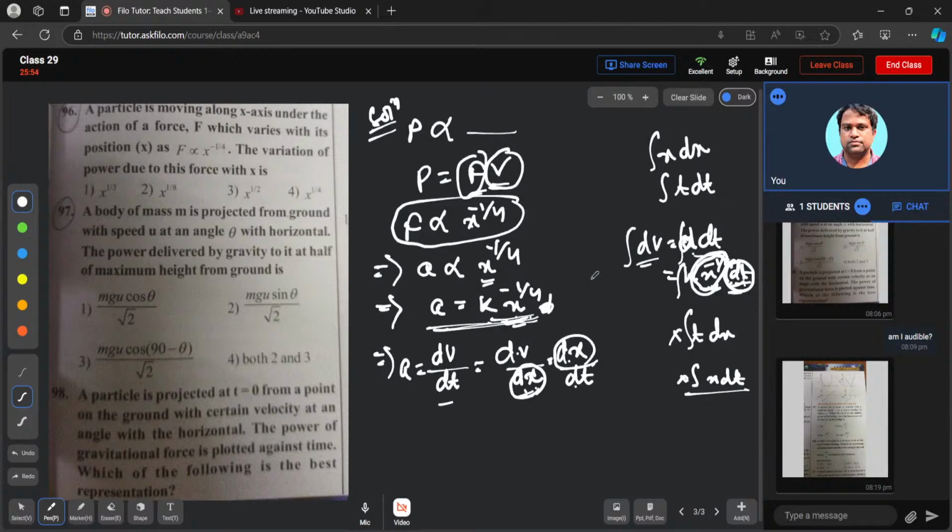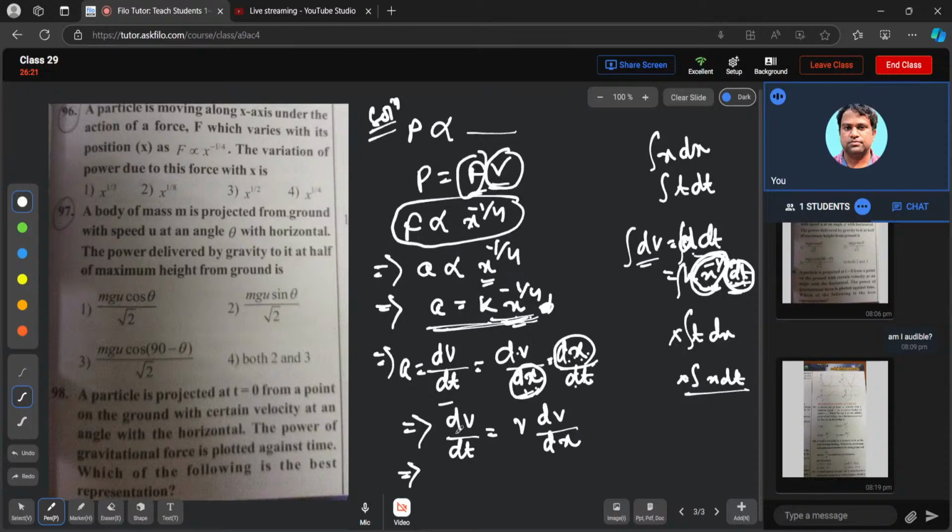What is dx by dt? Dx by dt is v, right? Yes, we'll be getting dv by dt equal to v dv by dx.